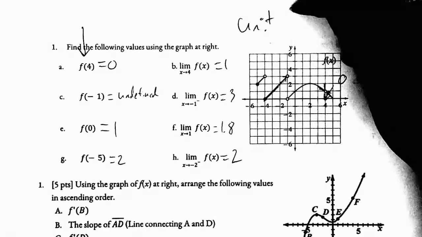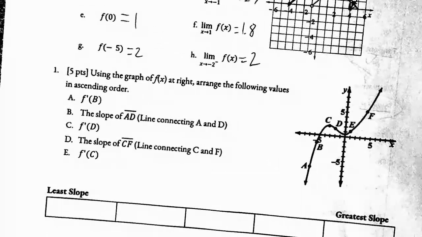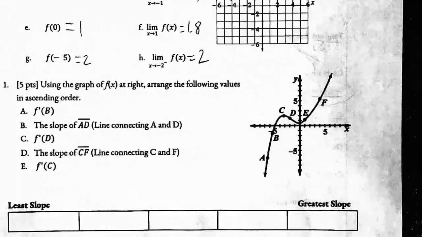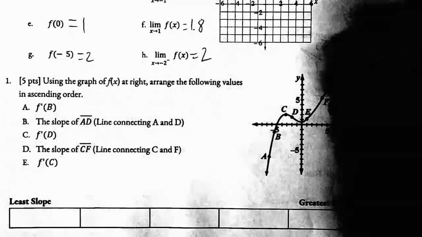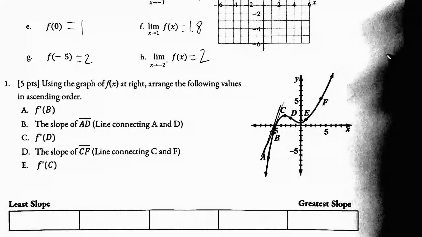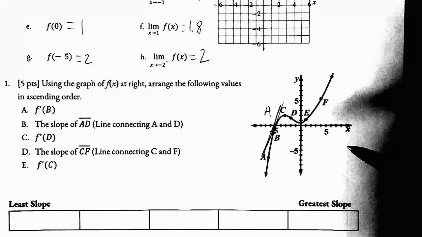And this is unit 1. Next, we are ordering. So this is where the knowledge of the tangent and secant lines comes in. You have a bunch of tangent and secant lines, and you have to arrange them. So f of b is this value right here. This is a. Okay.